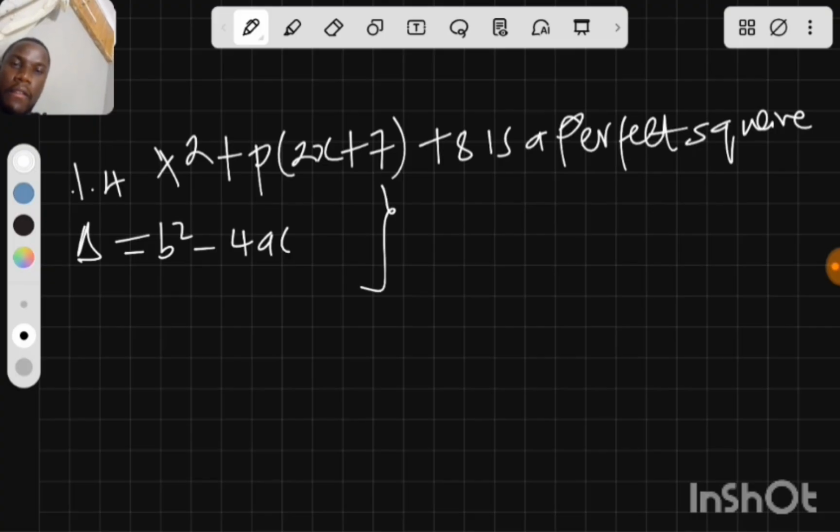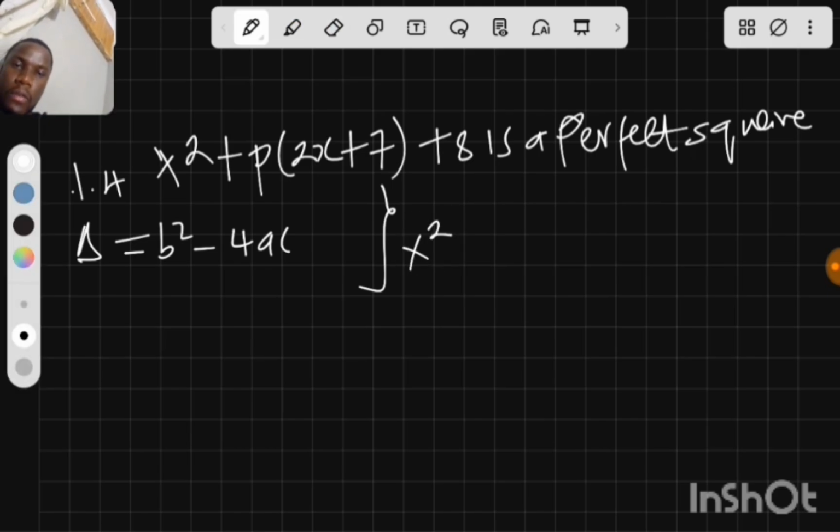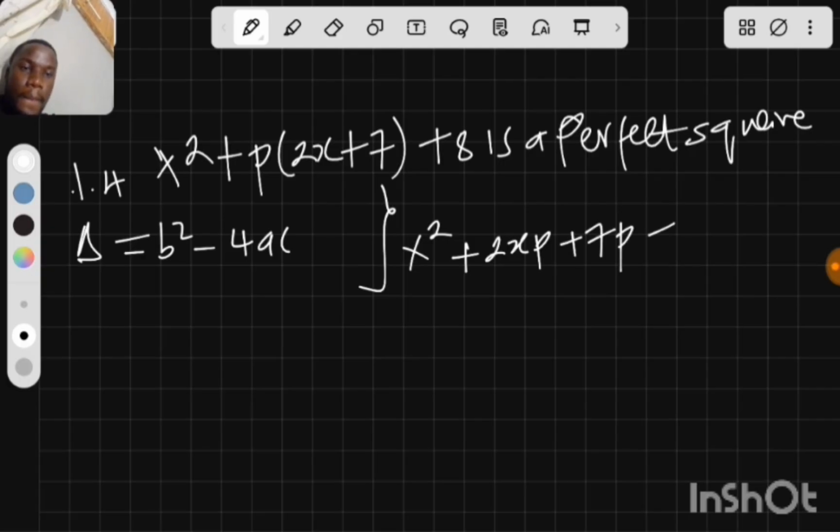We're going to have x squared plus p times everything that is in brackets, which gives 2xp plus 7p plus 8.